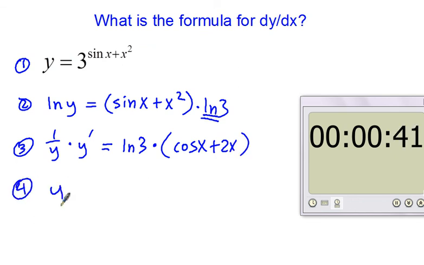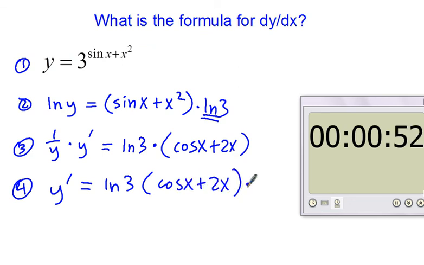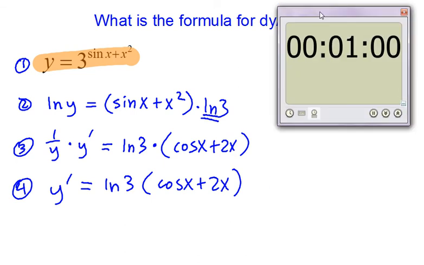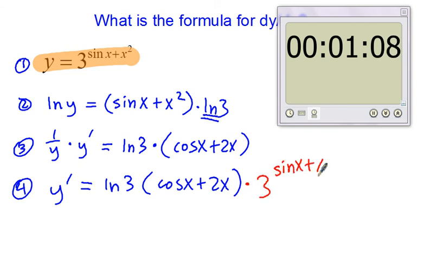Solve for y prime. And we can just multiply all this by y. Times y. And of course, y has this formula, so we can just replace y with that expression, and we get the following. Okay, there you have it.